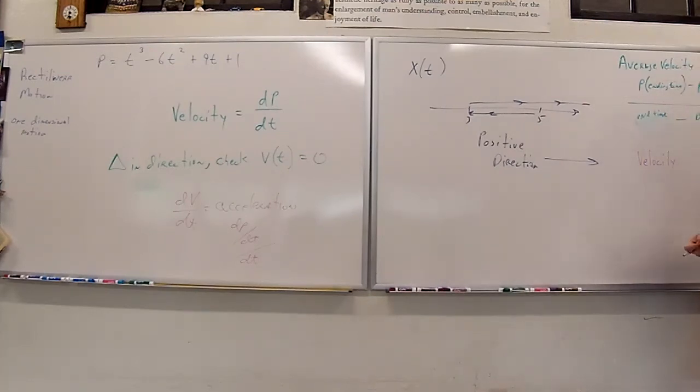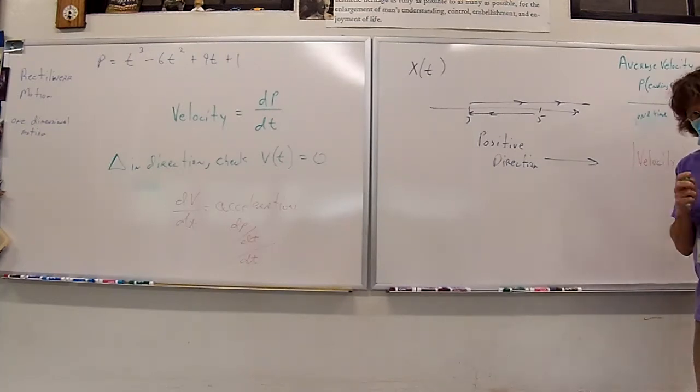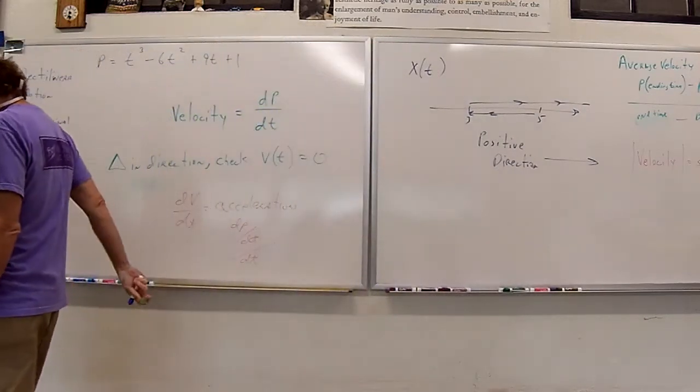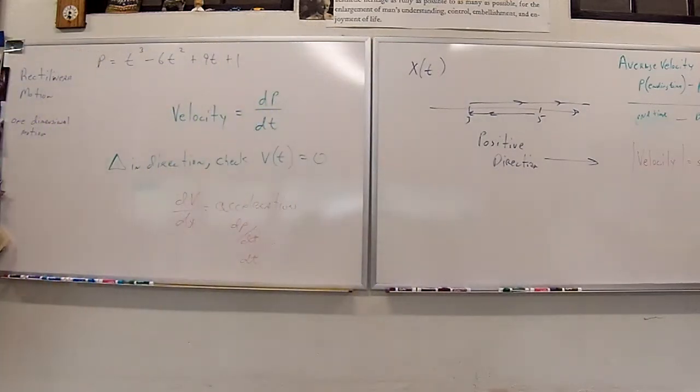The absolute value of velocity is speed. Speed doesn't tell you the direction. Velocity tells you the direction. So if I tell you I'm going 75 miles per hour towards Dallas, that's a velocity.